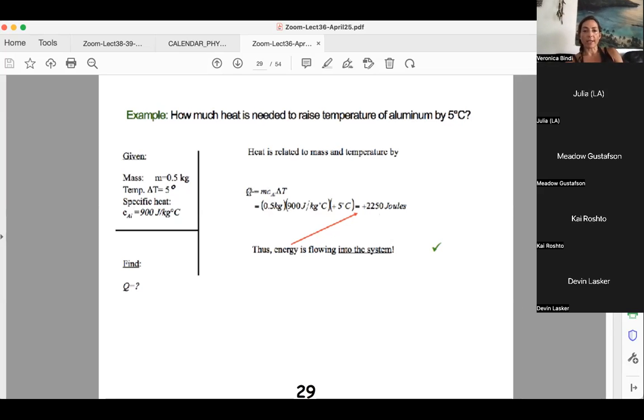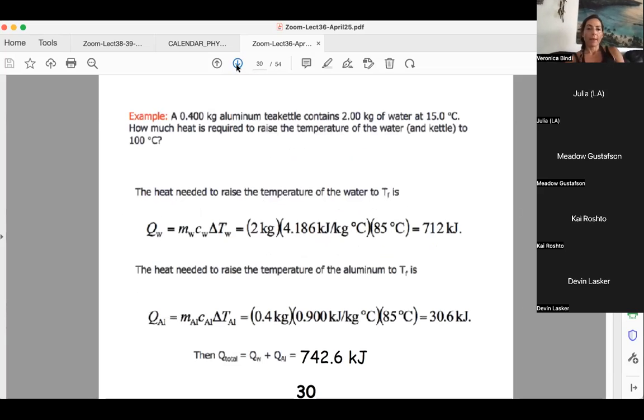So what we have is that Q is plus 2,250 joules, which is the energy, the heat that we are providing into the system. And also this is positive. So remember delta T and Q are always of the same sign. Very good. So very easy to do.